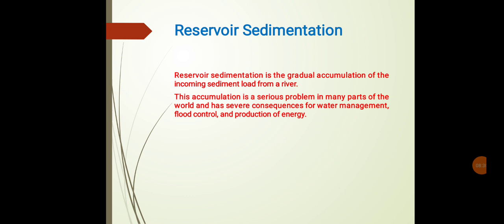If you do not remove them every year or periodically, it will definitely change the volume of your storage capacity, so you cannot predict the exact value of our water availability. So reservoir sedimentation is a very important criterion nowadays.